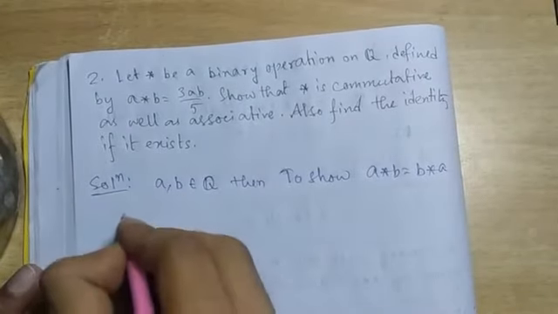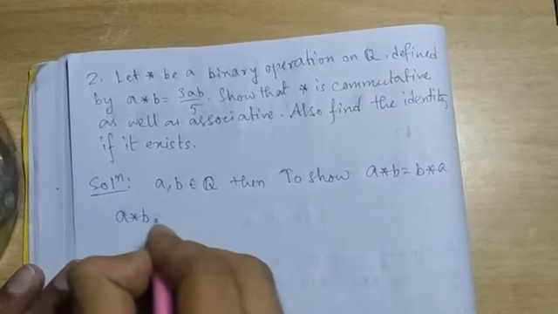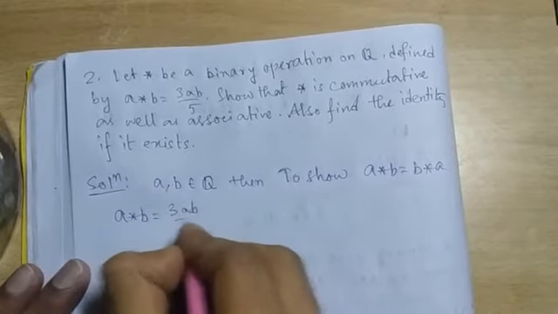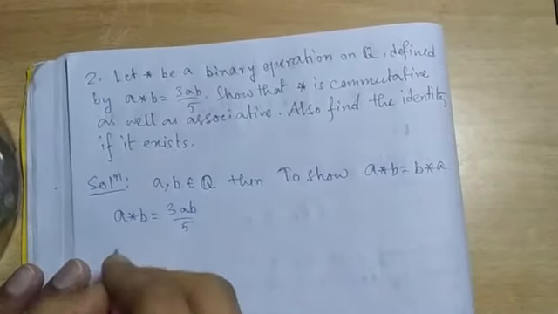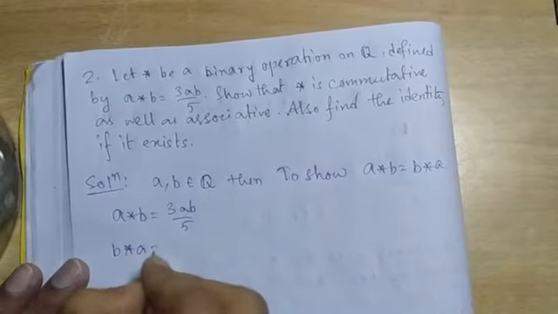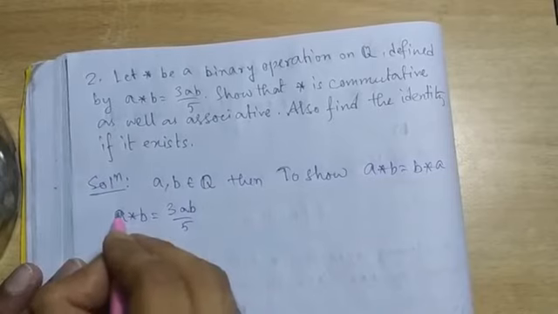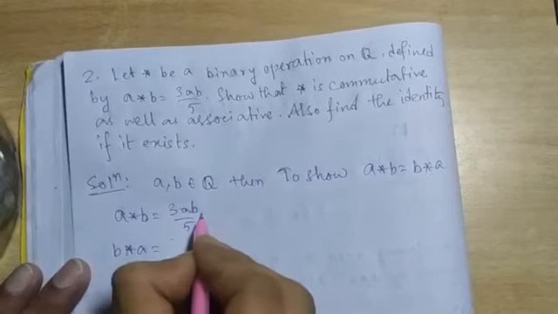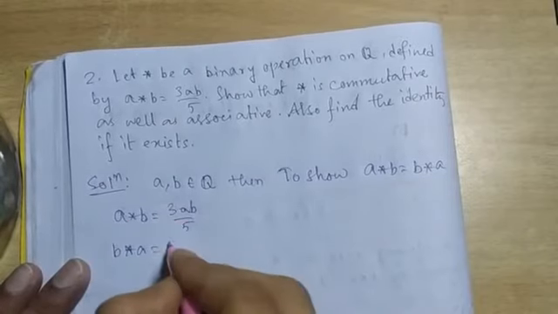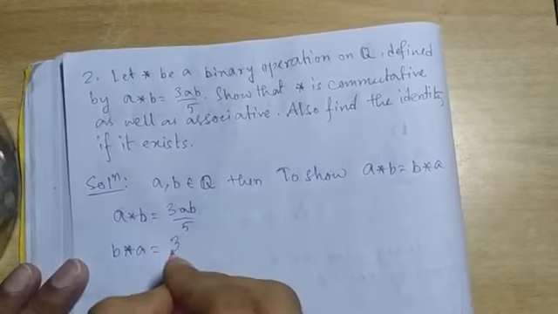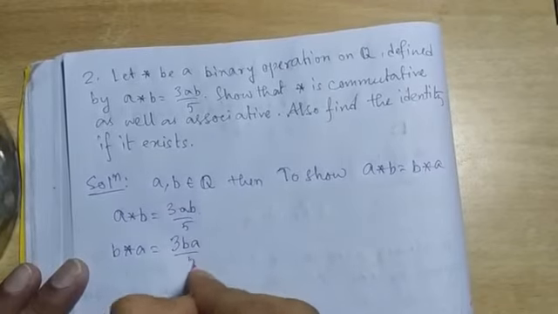What is the value of a star b? 3ab by 5. What is the value of b star a? If a star b is 3ab by 5, the first element goes here and the second element here, so b star a should be 3ba by 5.